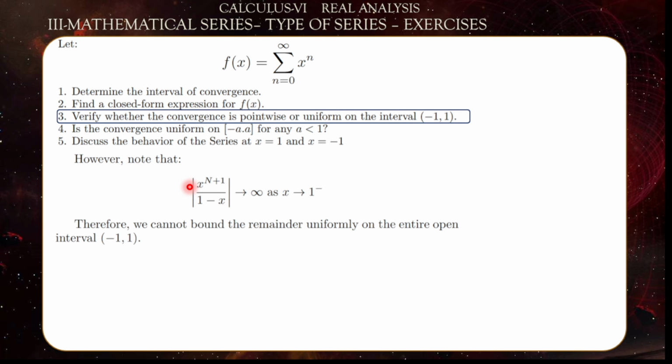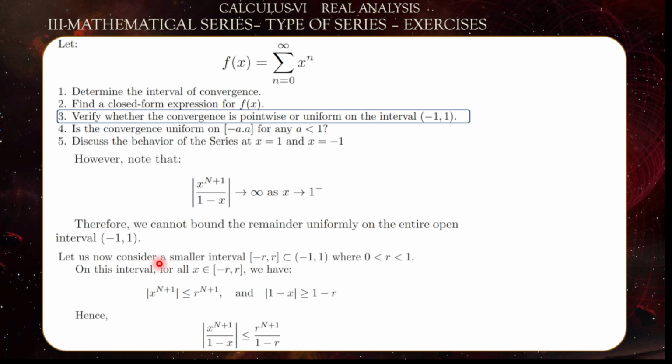However, note that the absolute value of x^(n+1) divided by 1 minus x approaches infinity as x approaches 1. Therefore, we cannot bound the remainder uniformly on the entire open interval minus 1 to plus 1. Let us now consider a smaller interval, minus r to r, which is within the interval minus 1 to 1, where r is between 0 and 1.